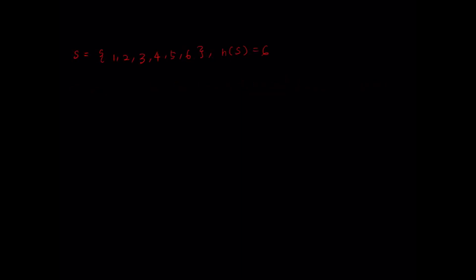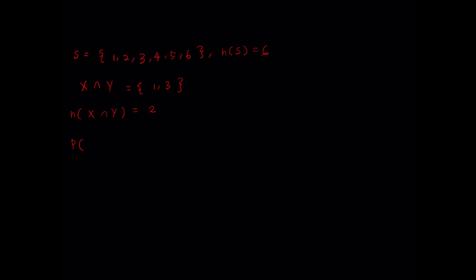Let's continue to the solution for questions C and D. So for C, we have X intercept Y, and the number of outcomes is 2.